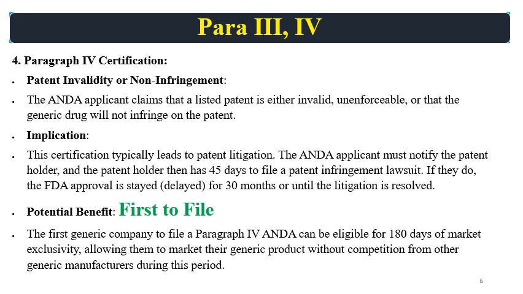That means after filing a patent infringement lawsuit, the FDA approval is stayed or delayed, you can say, for 30 months or until the litigation is resolved. So this 30-month stay period will be there if the innovator files a patent infringement lawsuit.